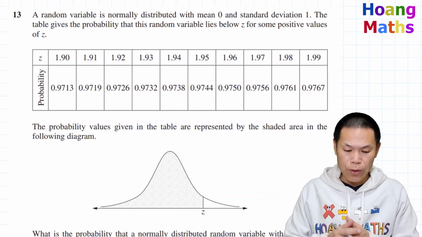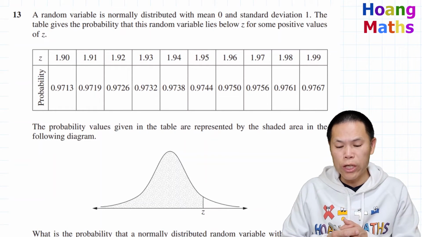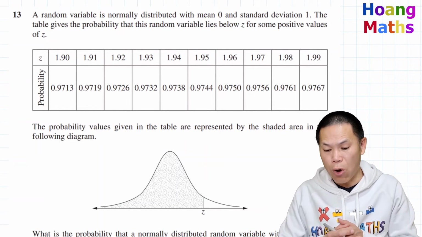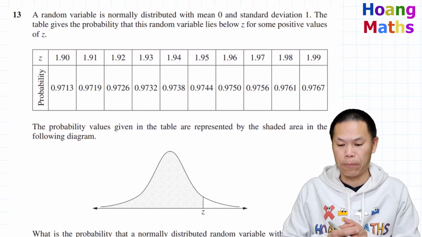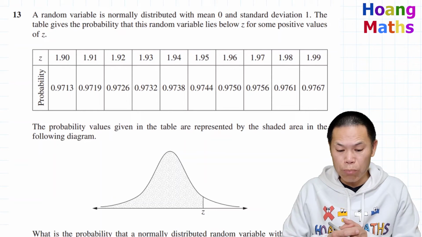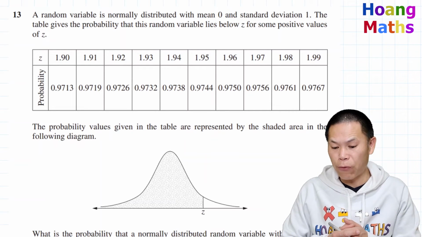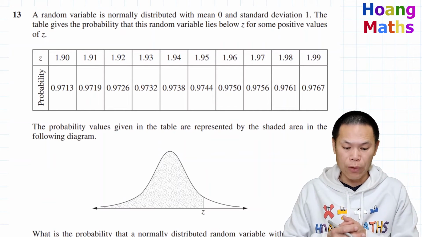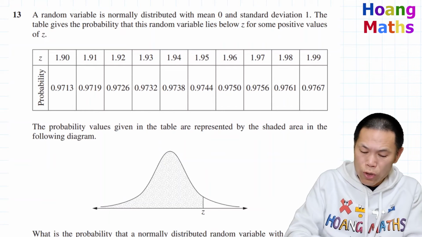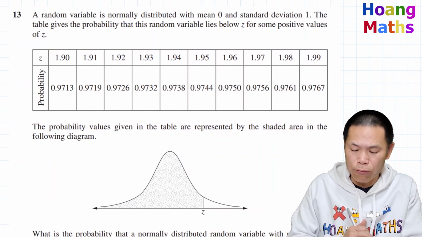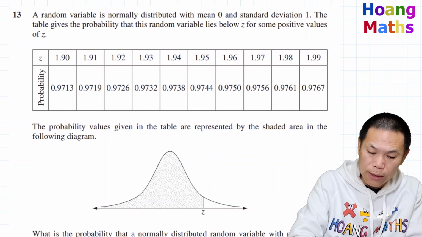Question 13. A random variable is normally distributed with mean 0 and standard deviation 1. The table gives the probability that the random variable lies below Z for some positive values of Z. So this is important. We need to understand how the table works first of all. So the table is this.